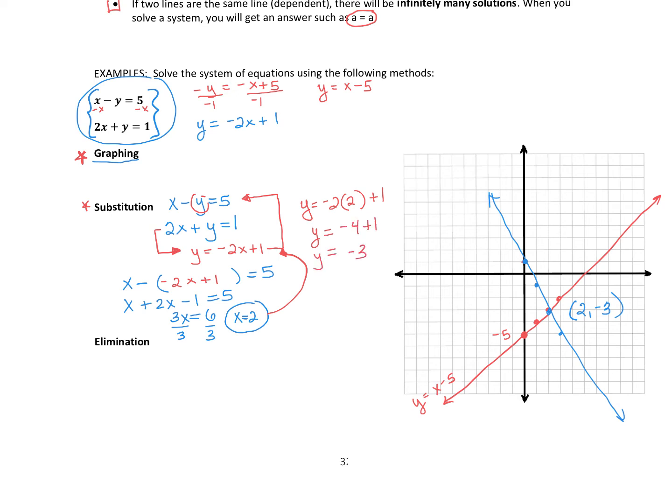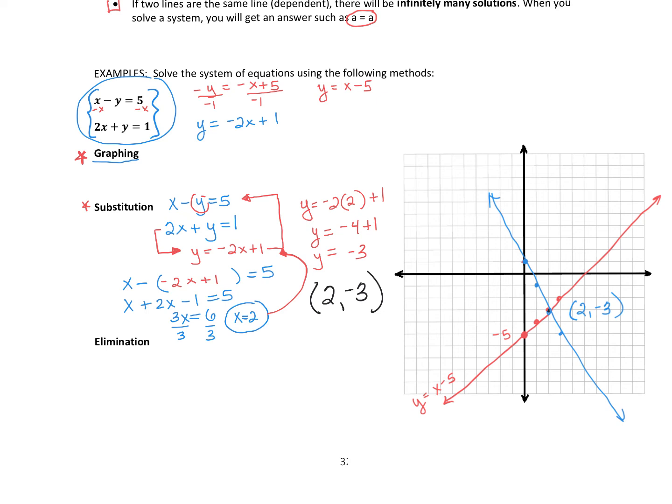So our ordered pair then, our solution, is xy 2, -3. So that matches what our picture says there on the right. So for substitution, we solve for one of the variables in one of the equations, it doesn't matter which one, and then we substitute it back into the other equation.